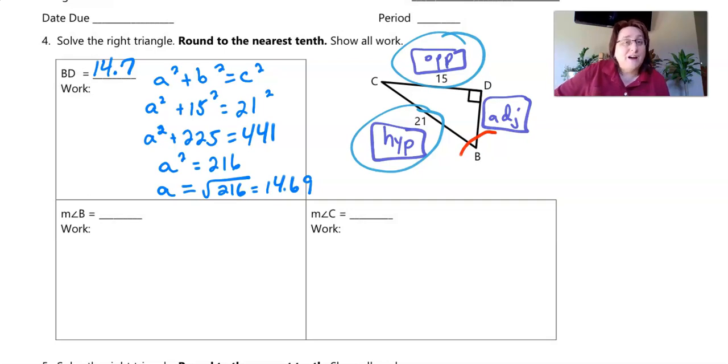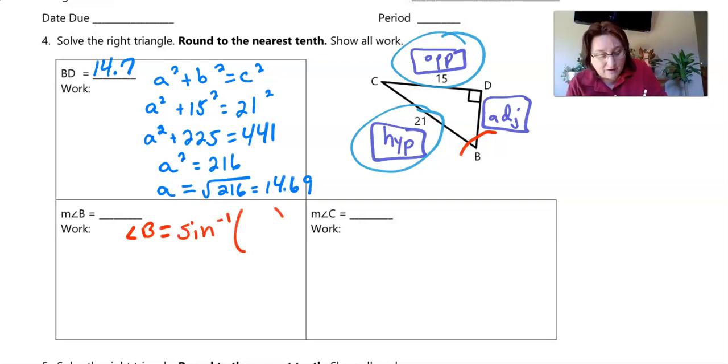Yeah, we're going to use sine, but because we're looking for an angle, we're going to use the inverse sine. So the measurement of angle B equals the inverse sine, so it would be sine to the -1 of the ratio. The ratio is still going to be opposite over hypotenuse.